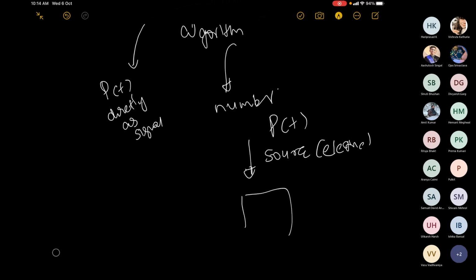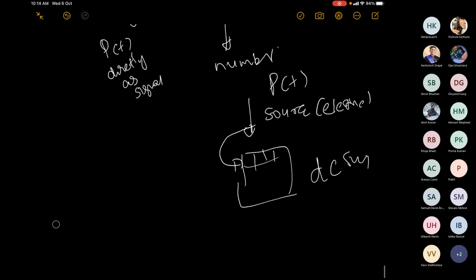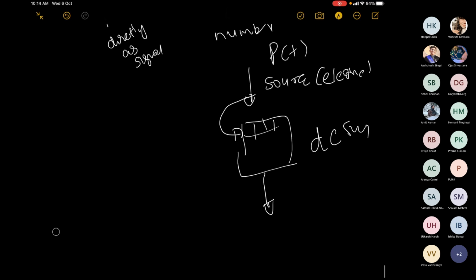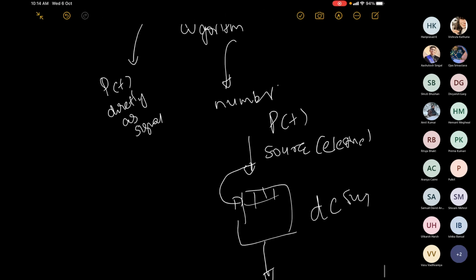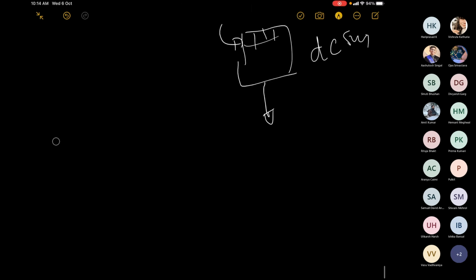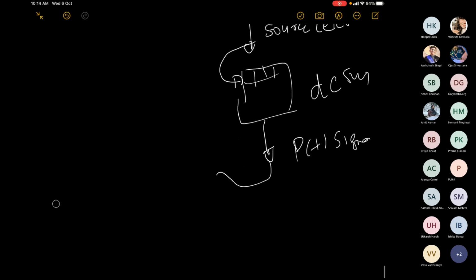You have a DC supply attached, and you would send an instruction: a signal worth P of t you should release, and this comes out, and this would be the real P of t. So I would like to write this as P of t soft, and this is P of t signal, and this would again go back to the plant.